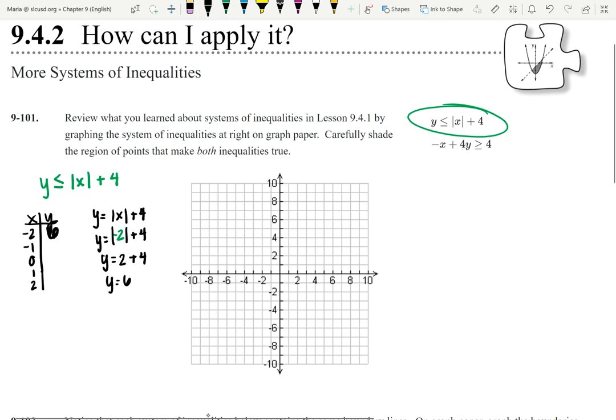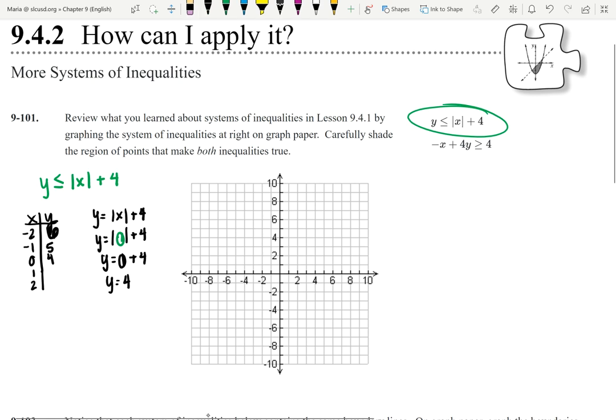Let's keep going. Let's plug in -1. The absolute value of -1 is 1, and 1 plus 4 is 5. If you plug in 0, the absolute value of 0 is 0, and 0 plus 4 is 4.